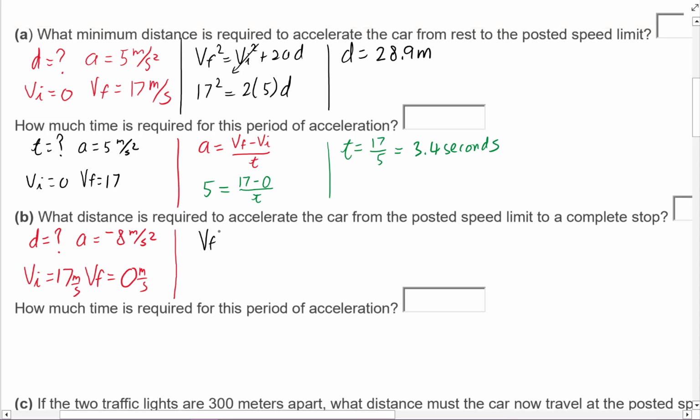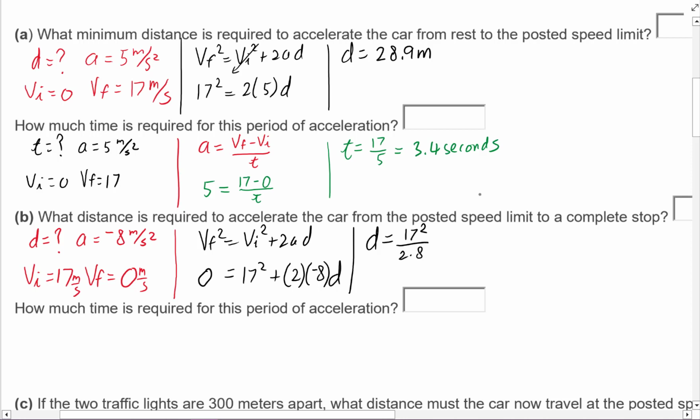So VF squared is equal to VI squared plus 2AD. This time VF is 0. VI is 17 squared, plus 2 times -8 times D. So our D here is going to be 17 squared all over 2 and all over 8 as well.